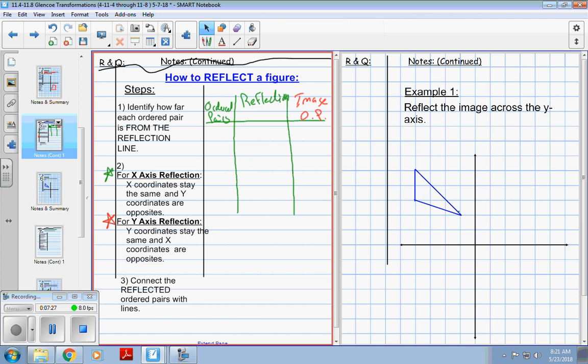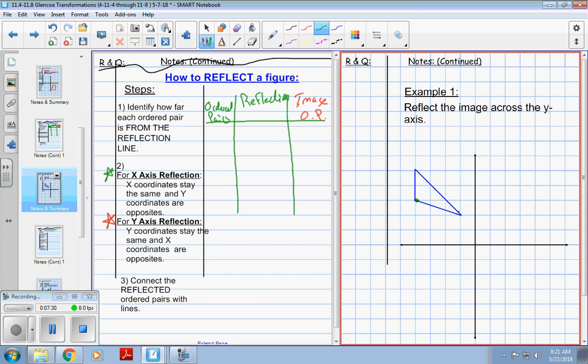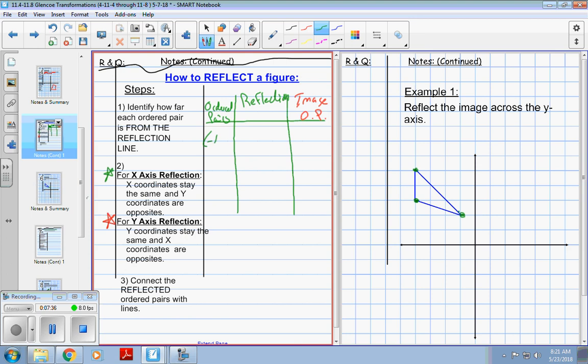So just like the previous problem, we have to write down the vertices' ordered pairs. So our vertices' ordered pairs in this problem are -1, 2, -4, 3, and -4, 5. Those are the vertices' ordered pairs of our triangle here.